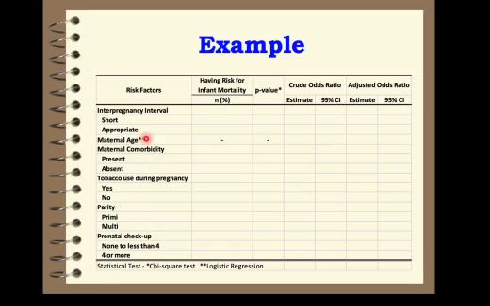You will note here that maternal age is a quantitative variable, and so we have here 2 asterisks, because the independent variable is quantitative, we'll be using in the univariate analysis a logistic regression. And then we also calculate the crude odds ratio. The crude odds ratio is also called the odds ratio in the univariate analysis, and then the adjusted odds ratio, which we calculate in a multivariate analysis.